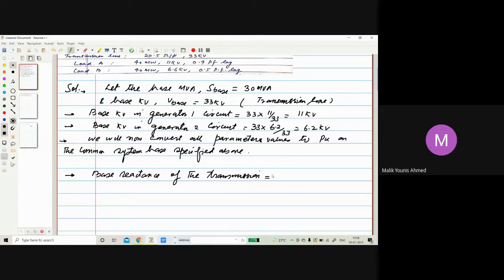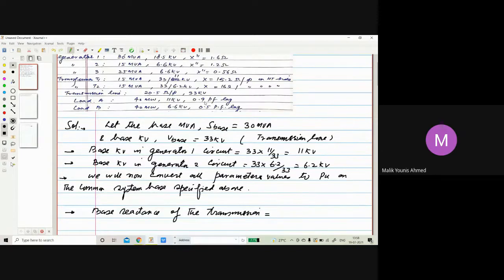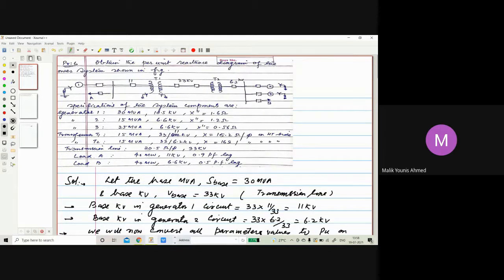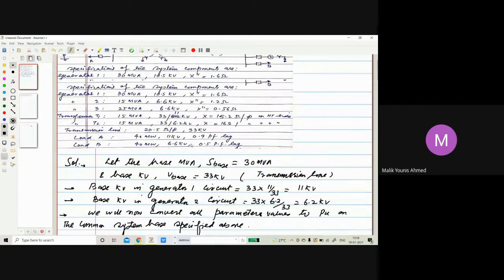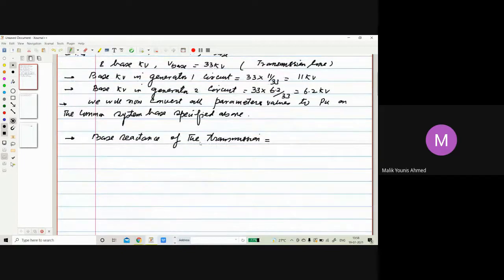The actual value is given in ohms here. You can see the transmission line is 20.5 ohms per phase, and the base value is 33. So we write V base square, that's per phase base, divided by S base. V base here is 33, so 33 square divided by S base, which is 30. We have already chosen a 30 base.